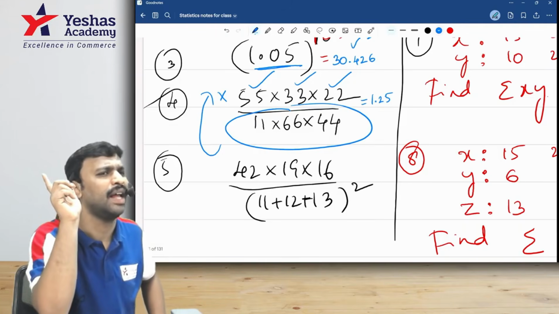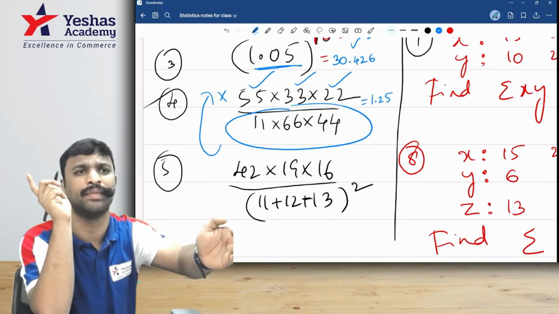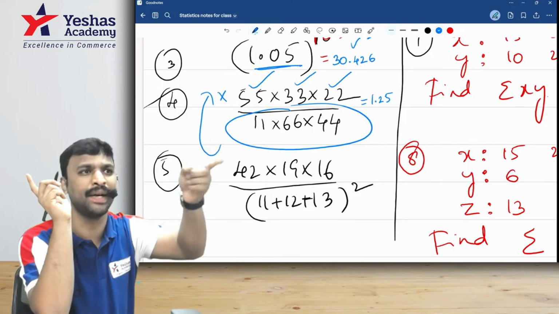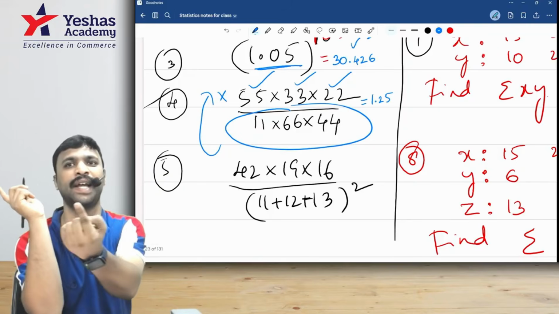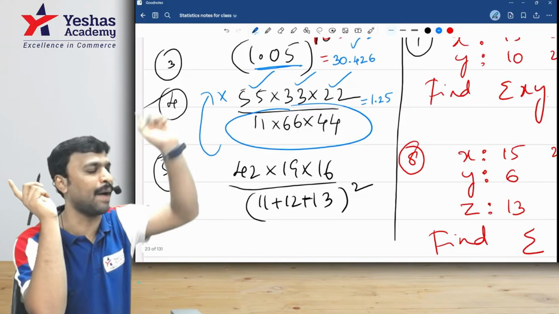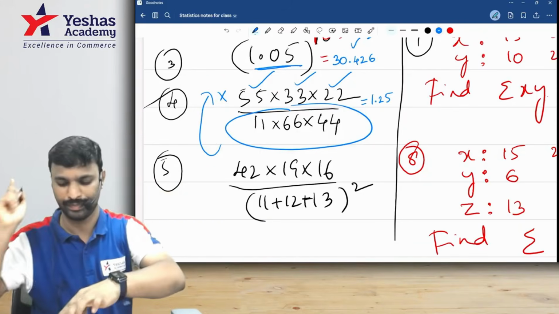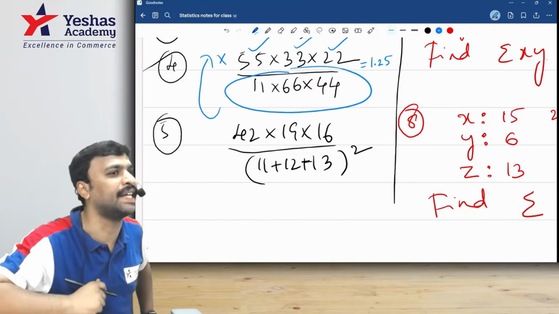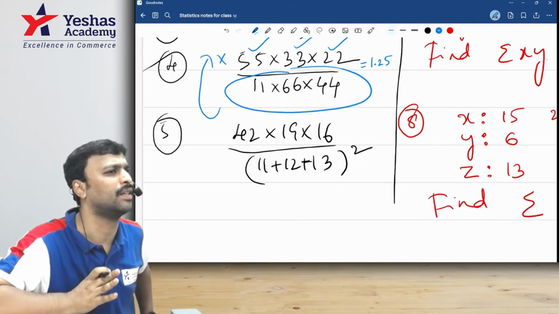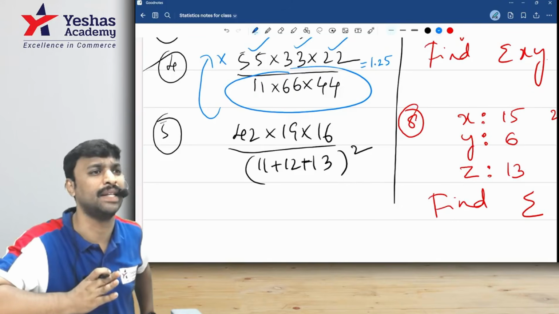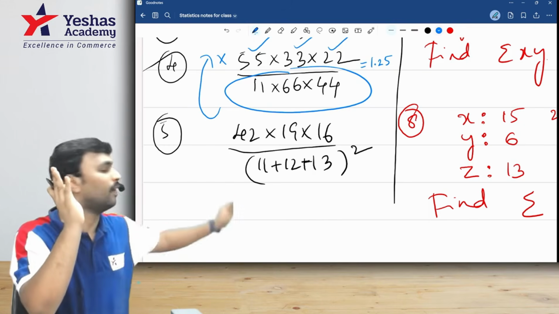Everyone got this? Type 1 calculation. Have you gone through the calculations and come? Numerator simple, denominator could be simple or complicated. What do you solve first? Denominator. Then what you will do? Take it up. This can be done only when numerator is simple. Look at the numerator. Simple or complicated, guys? What do you mean by simple, first of all? Into sign between the numbers. So simple it is. Yes or no? What do you solve first?